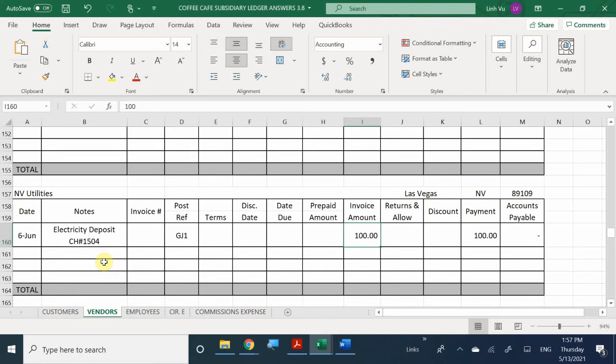Now notice this, there's a lot of things that you can do for this one. Since I wrote a separate check for it, I'm going to make a separate line for it because it's a separate transaction. So in this case, instead of electricity, it's going to say natural gas deposit.